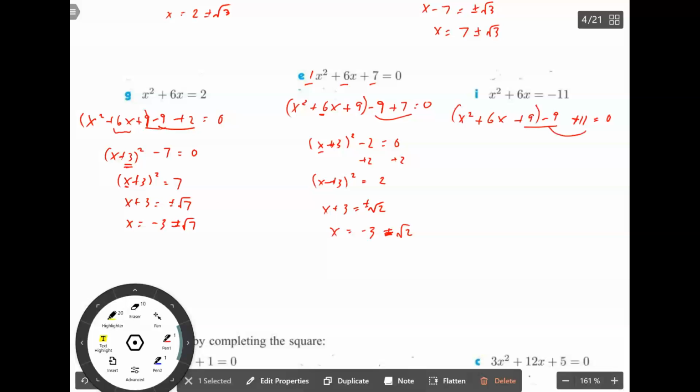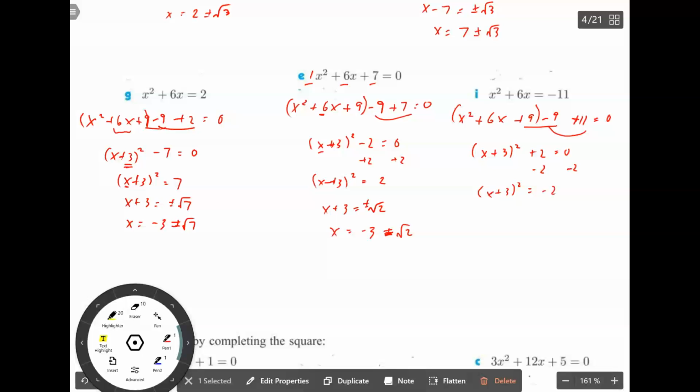And then we group these two together. And then we take this, we factor out the left trinomial. We get x plus 3 squared. We add negative 9 and 11. We get plus 2. Now we are going to subtract 2 from both sides, and then we'll get x plus 3 quantity squared equals negative 2.